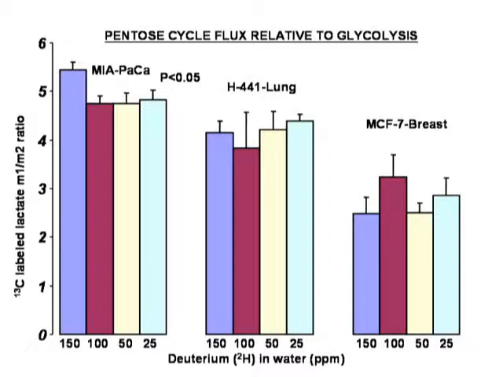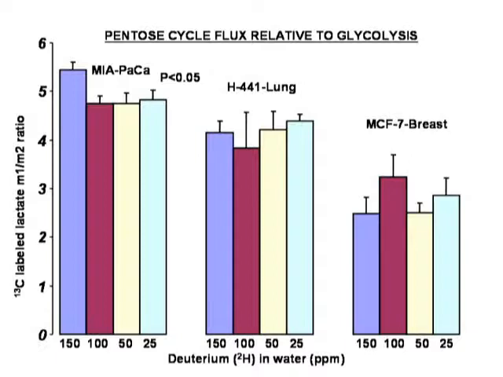And as you can see, there was a significant decrease after all deuterium depletion scenarios only in the mesopancreatic adenocarcinoma cell lines, while the other 2 cell lines did not really respond to deuterium depletion as far as oxidative ribose synthesis versus glucose going through glycolysis.